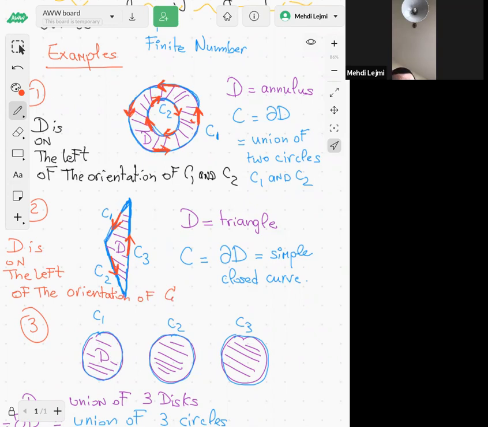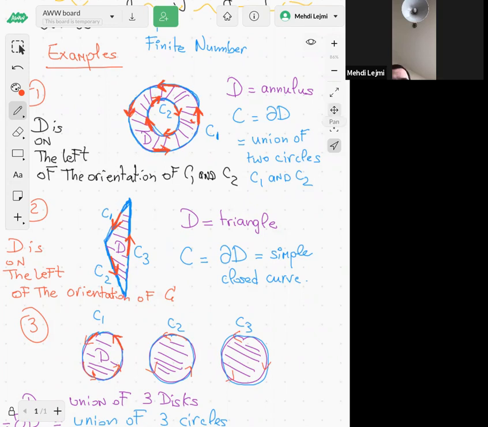Okay. Now in the last example, we have these discs. For C1, the right orientation would be this one here, the counterclockwise orientation, because D would be on the left of my orientation. So this would be the right orientation, the orientation that you need for Green's theorem.